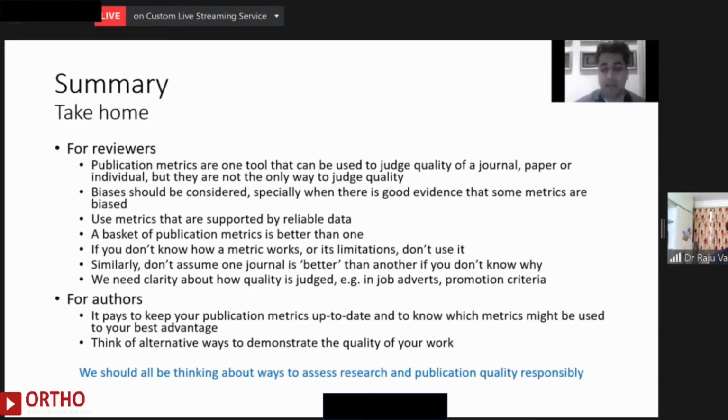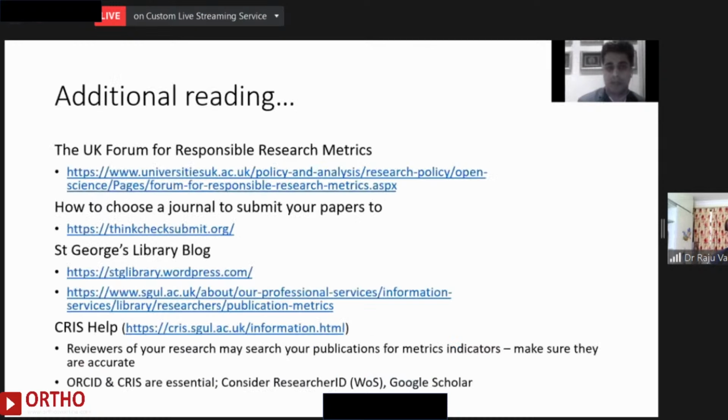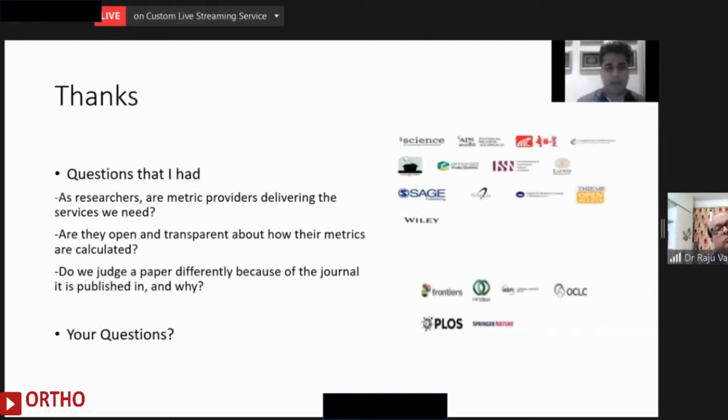We need to understand that this is one global way of assessing your research and publication data responsibly. A lot of other sites can be accessed by the people watching this, to understand how each thing helps.